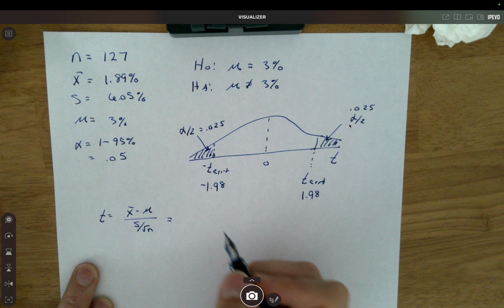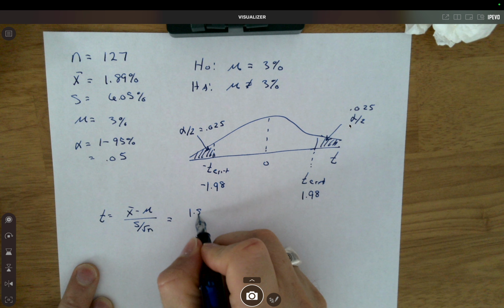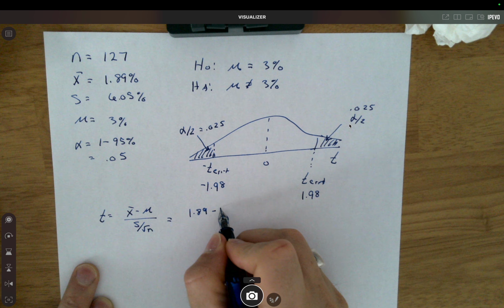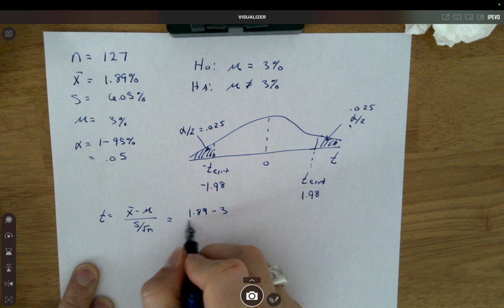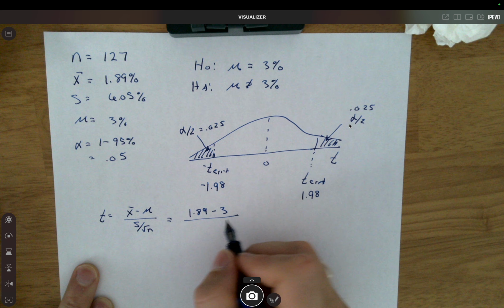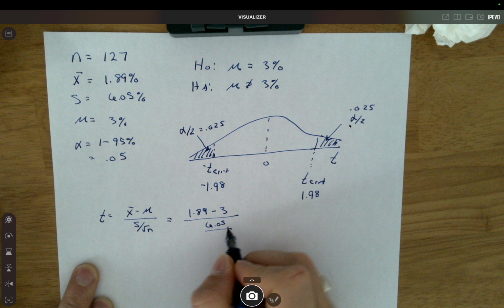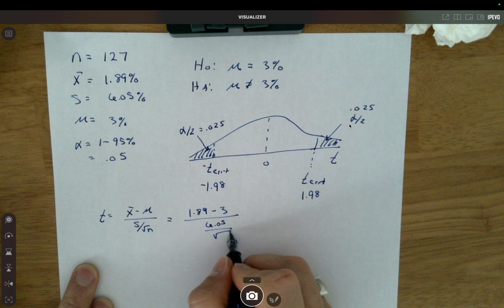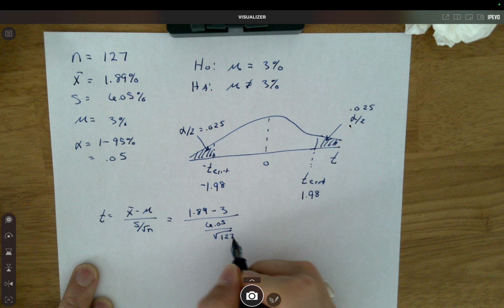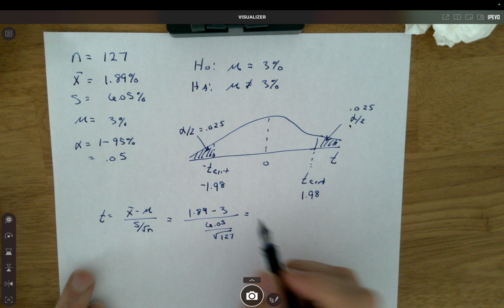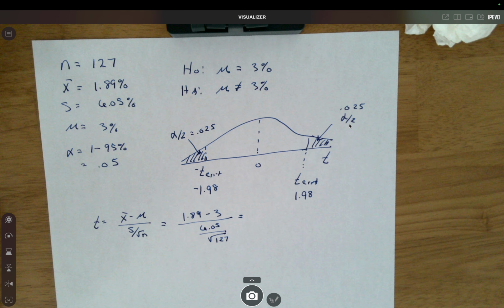So that's going to be equal to 1.89% minus 3% divided by 6.05, and that's divided by the square root of the sample size. So that is the test statistic.